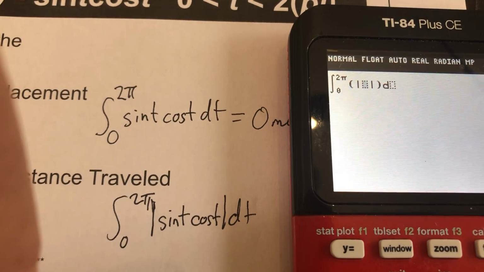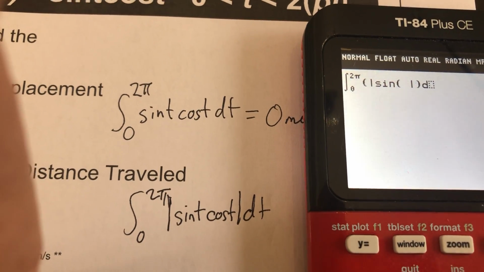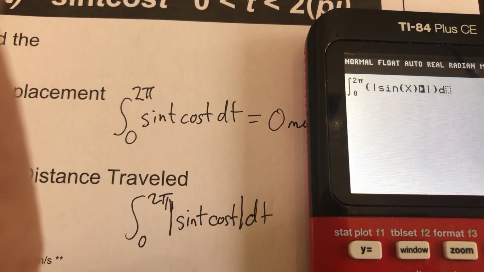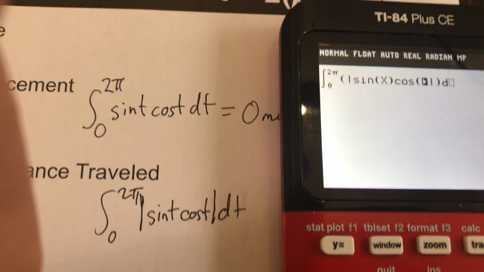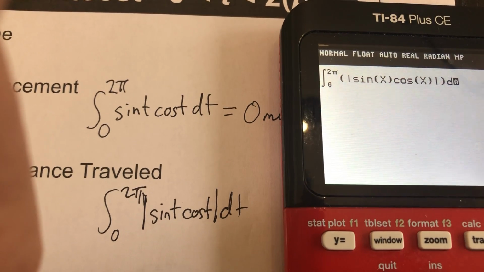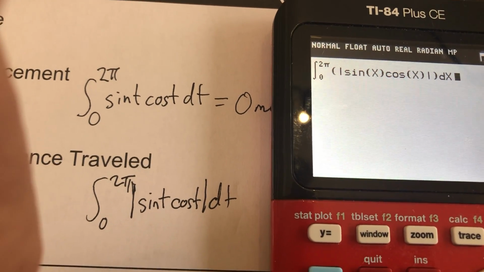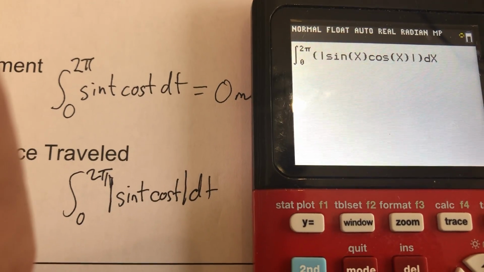Number 1 is absolute value, the absolute value of, and then we're going to put in our sine of x or t, parenthesis, cosine of x or t. With respect to, and we're going to use an x in here since that's the letter we're using, and when we calculate that, it would make all those distances positive and add them together.